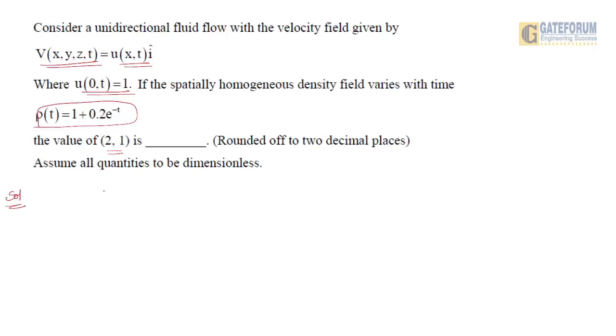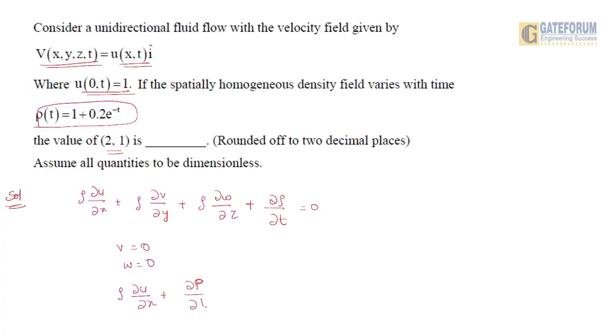Now, when we talk about the continuity equation, rho dou u by dou x plus rho dou v by dou y plus rho dou w by dou z plus dou rho by dou t will be equal to 0. Clearly in the question we can see that v equal to 0, w equal to 0, so rho dou u by dou x plus dou rho by dou t will be equal to 0.